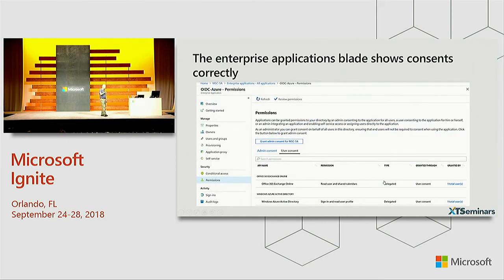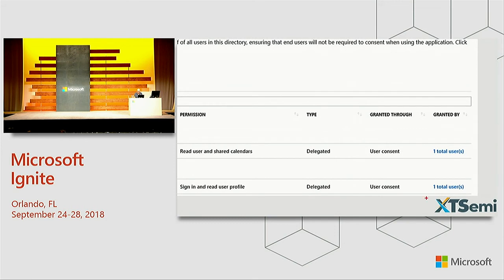If you go to the Enterprise Application blade, you can look at an application and you can see all the consents that are there. In this particular case, I'll just zoom in on that, you can see over here that a total of 1 user has granted this particular consent to the application.